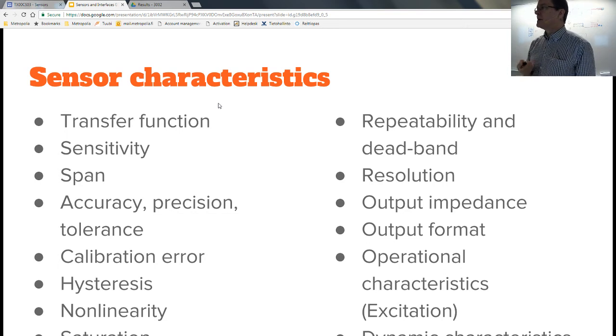Non-linearity: well, in a perfect world, everything would be linear. That would make the calibration very simple. You just need 2 points and draw a line, and that's your calibration. But unfortunately, nature is always nonlinear, so we have some nonlinearity.